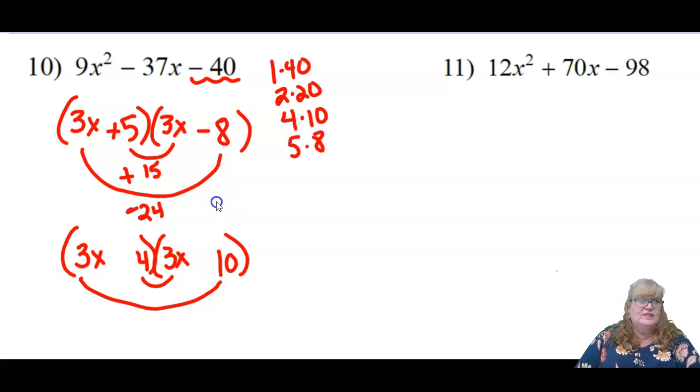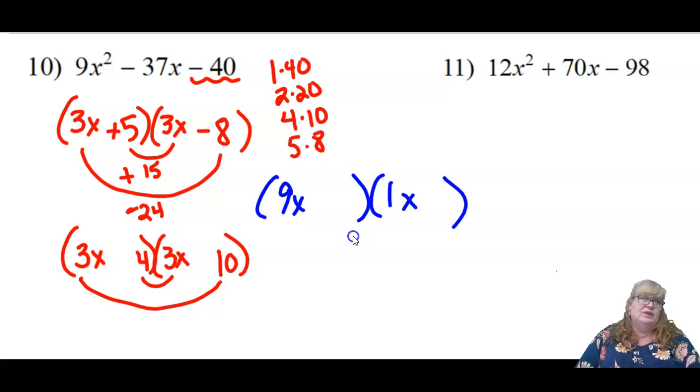Before you get too crazy here, I'm thinking we might want to try the 9 and 1. So if I were to try 9x and 1x, and then we can, again, figure out which of these you want to try. If we start with 5 and 8, here we'd have 72 and 5.